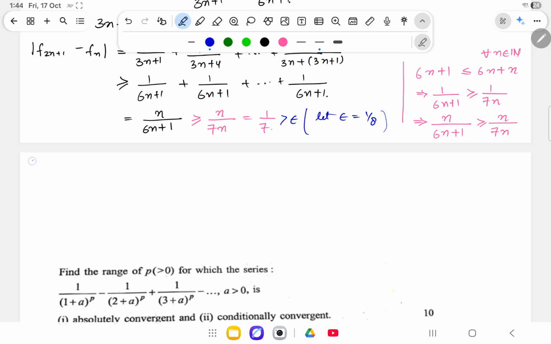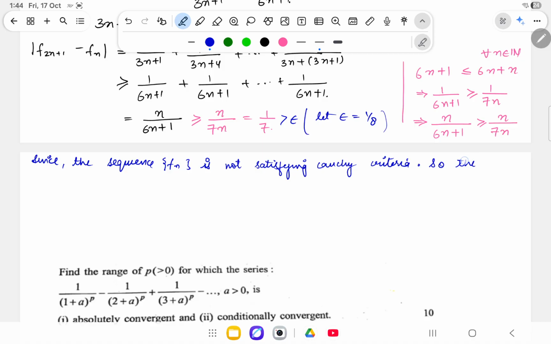Since the sequence fn is not satisfying the Cauchy criterion, the sequence fn is not convergent.